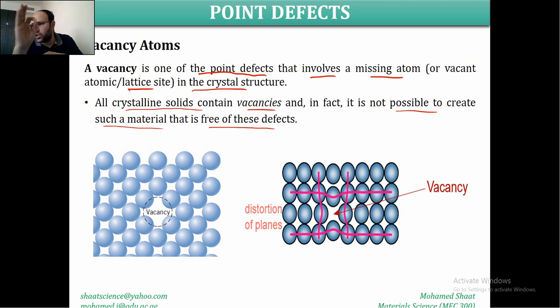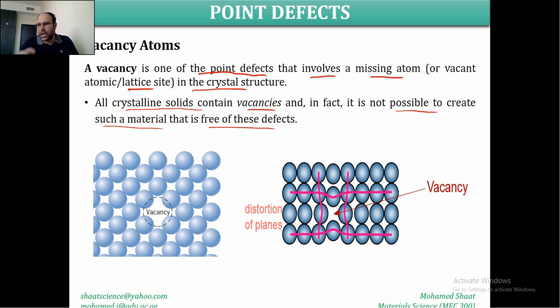It is difficult to have an ideal material that has all the atoms located at their sites and no vacant atoms. Vacant atoms means missing atoms. Definitely there are some atoms missing within the crystal structure of this material. Whatever the count is, there should be some vacancies. This is what is happening in any real material, whatever it is.